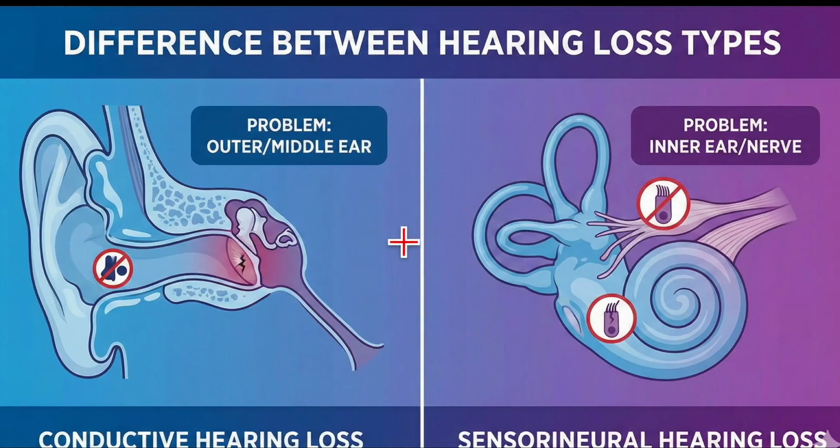We said it's a problem with conduction. For example, you have wax or a foreign body blocking this ear, so there is no air entering. Normally you hear multiple voices, your air entry, the different sounds around. So what if that is blocked completely?